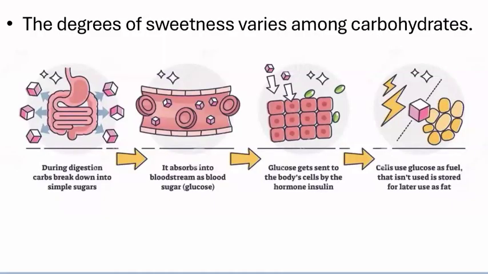Specifically, to give you the example of the most important one, here we have glucose being represented by these little cubes. You can see the red blood cells, and you also see that they're traveling through the circulatory system.